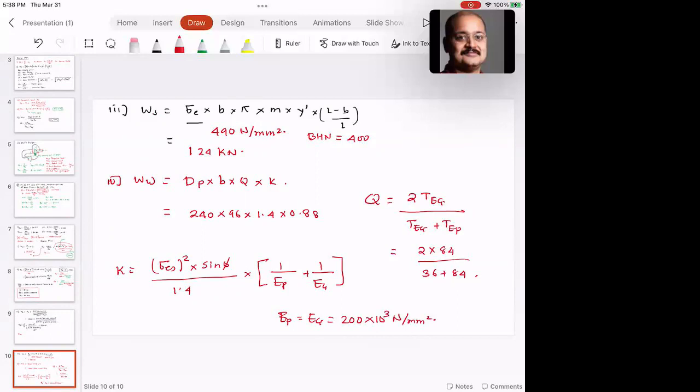So you can substitute these values. So value of K is 0.88. Substitute these values and get, for design to be safe, WS should be greater than WD, WW should be greater than WD.